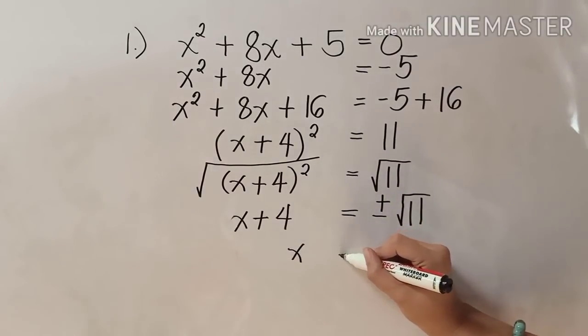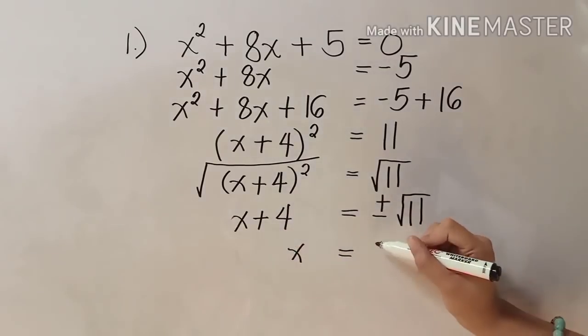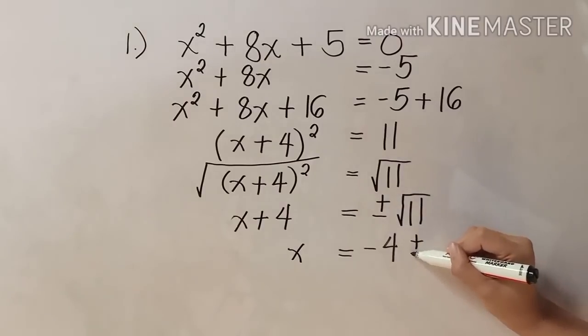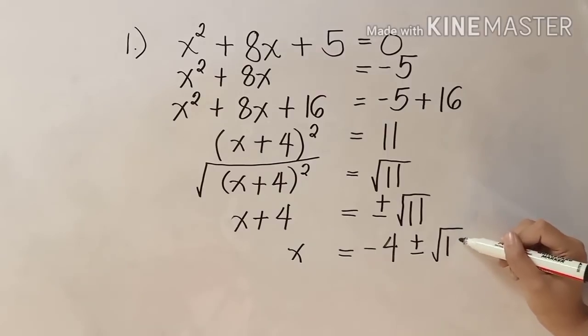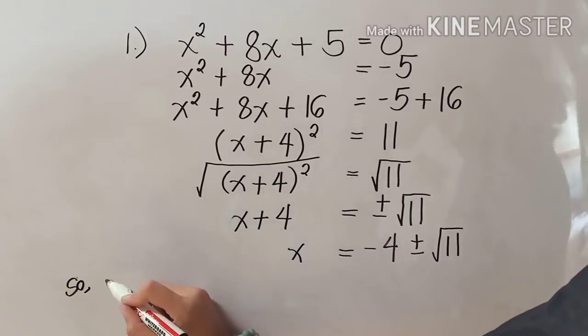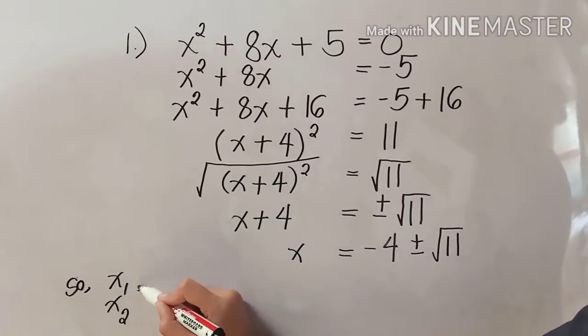Therefore, the value of x is equals to transpose this portion, so it will become negative 4 copy plus or minus square root of 11. So we will have two answers here, x sub 1 and x sub 2.